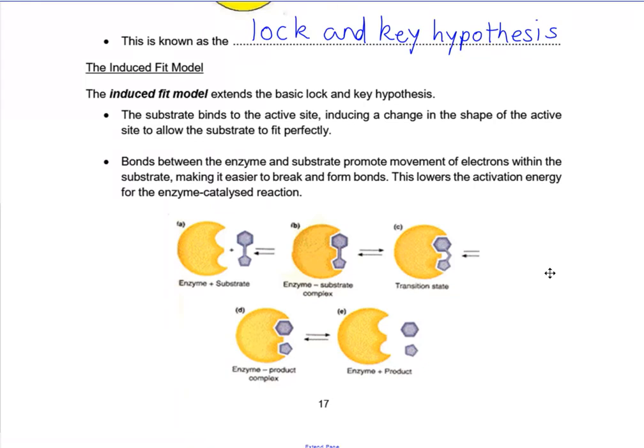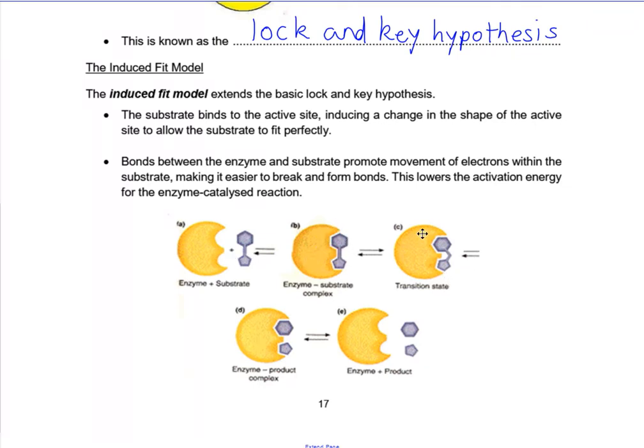Bonds are made between the enzyme and the substrate, which promote the movement of electrons within the substrate, making it easier to break and form bonds. This lowers the activation energy for the enzyme catalyzed reaction, and the model is shown in the diagram. So the hexagon binds into the enzyme active site, induces a change of conformation.